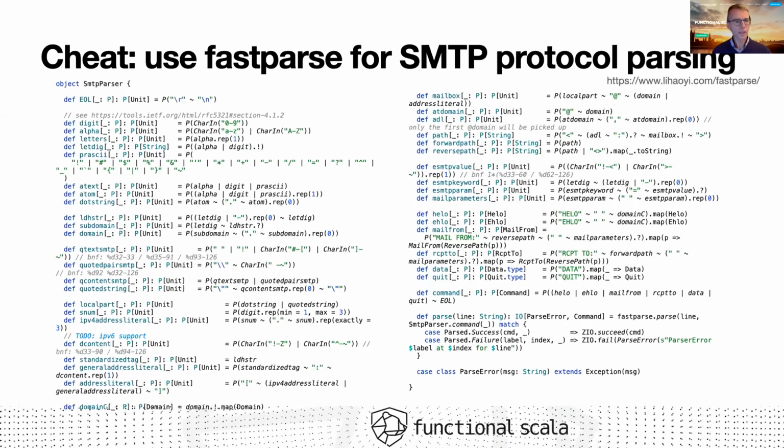Now, I'm going to cheat a little bit here, because I said we would stay in the ZIO ecosystem. But here I'm using the fastparse library, and of course I don't expect you to read all of this. This is just to give you an idea of what is involved in writing a parser with, in this case, fastparse. A really nice library, and what you can achieve with fastparse is you can give it a string, and you can give it a prescription.